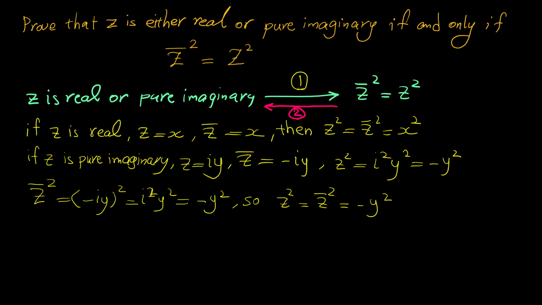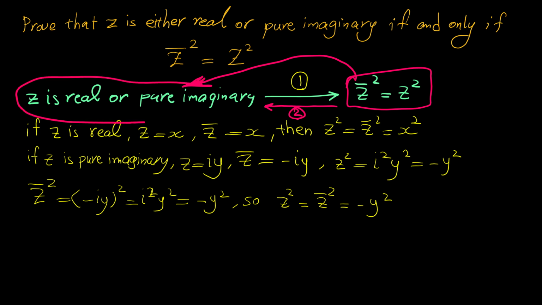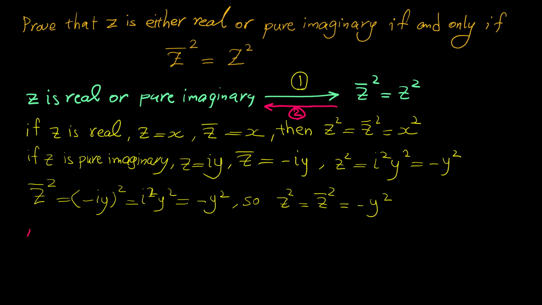2. So now we start from this, and we have to prove that Z is either a real or pure imaginary number. So we suppose Z to the 2 equals Z conjugate to the 2. Let's write this Z and this Z conjugate in terms of real part and imaginary part.